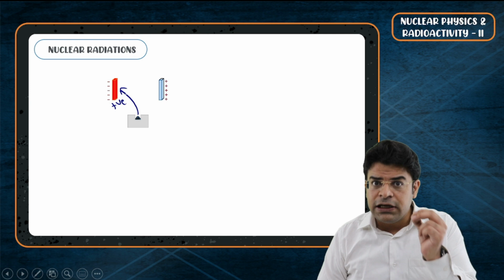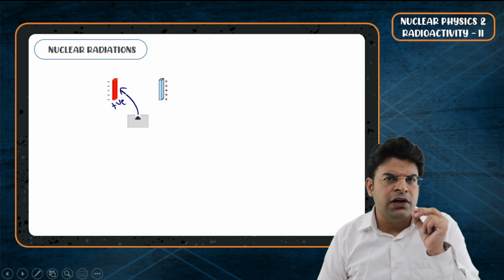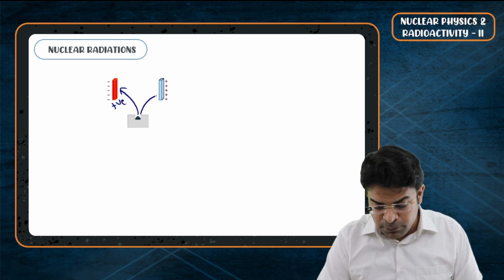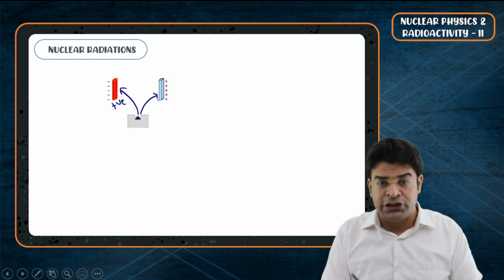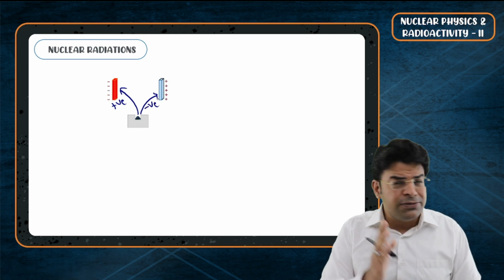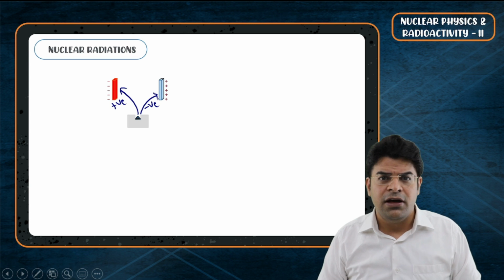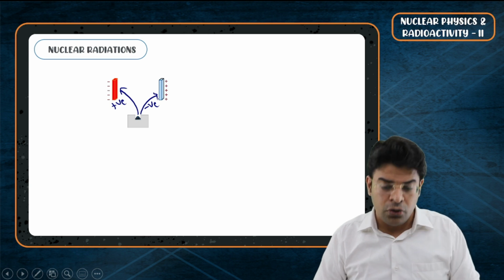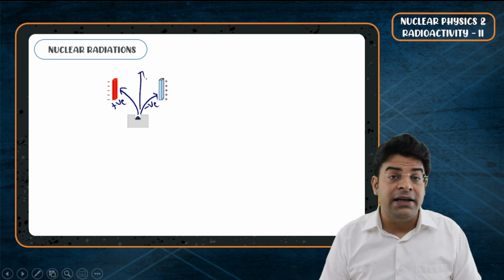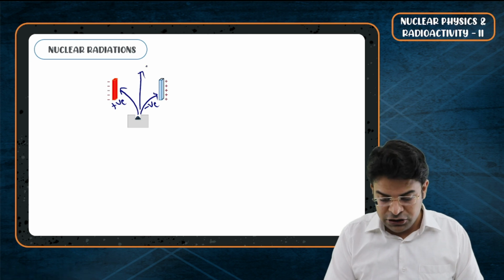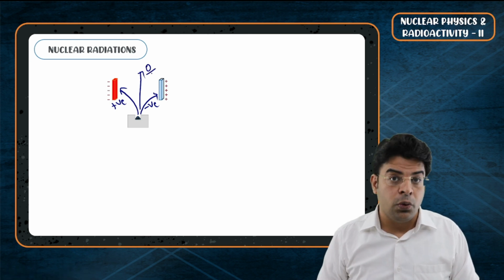If a particular type of radiation gets attracted towards the positive plate, it must have negative charge. And if the radiation goes undeflected, it means that radiation is uncharged, zero charge, neutral.